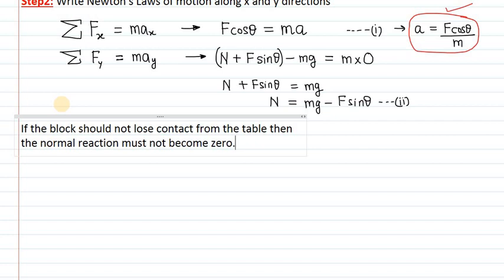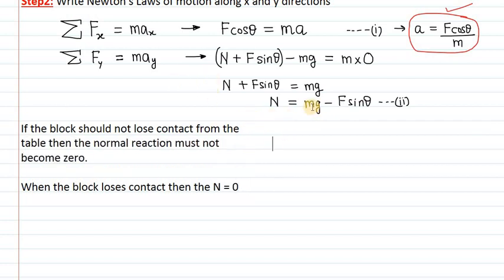Or in other words also we can say that when the block loses contact, then the normal reaction becomes zero. So from equation number 2, we can say this condition: when normal reaction becomes zero, that means normal reaction mg minus F sin theta becomes zero.